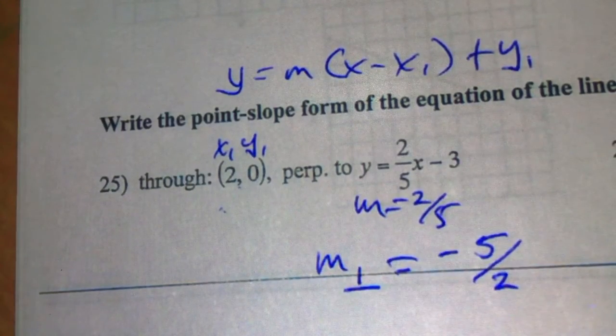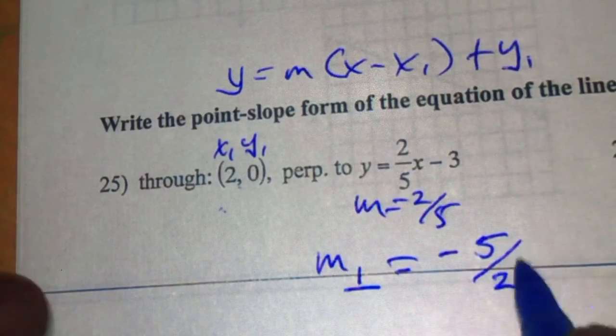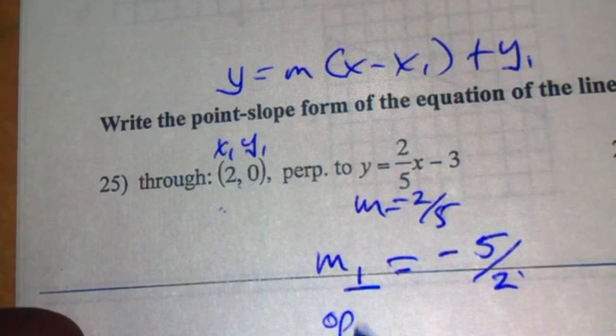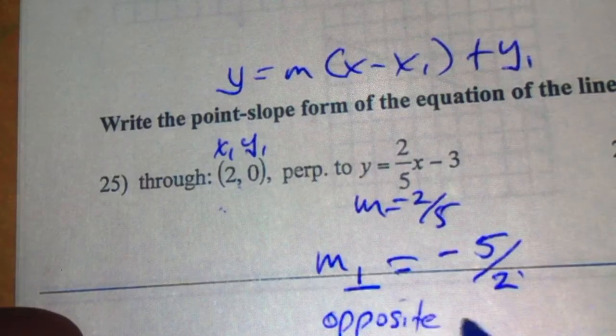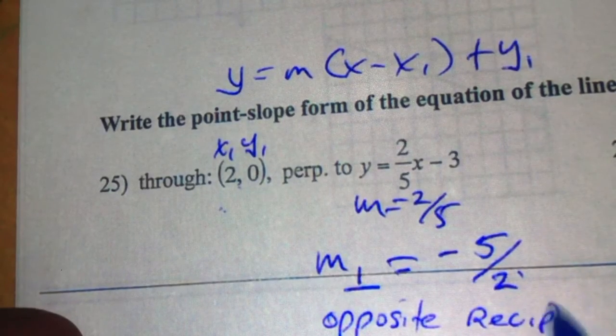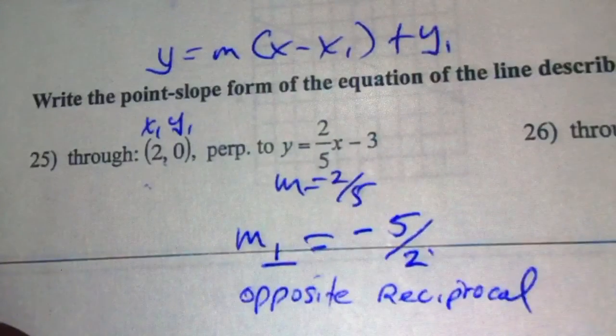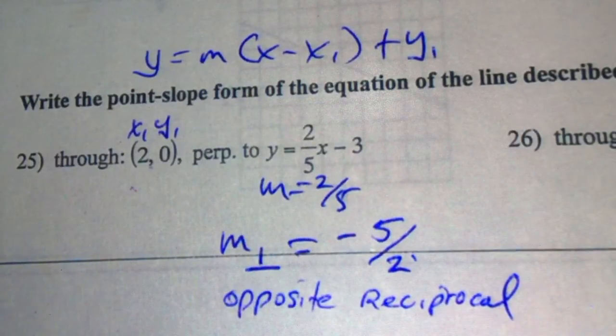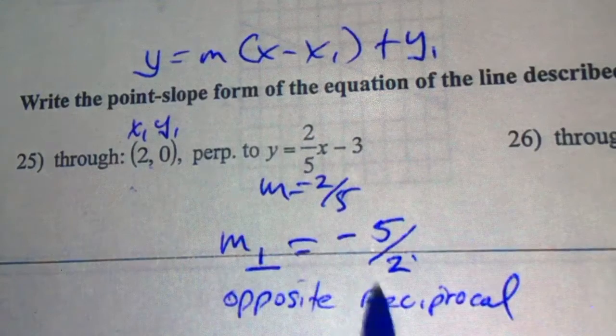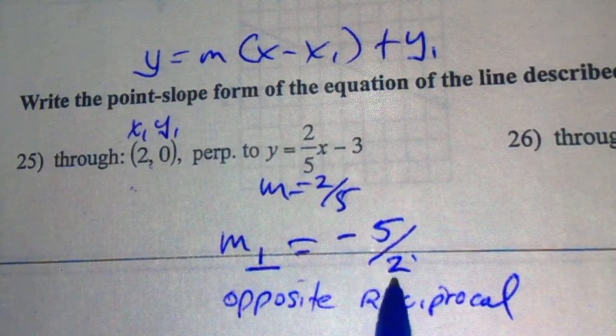So it's minus 5 over 2. If you recall, reciprocal means you flip the fraction, even if it's a fraction over 1, and opposite means change the sign. We have our slope now of the line perpendicular to the first given line.